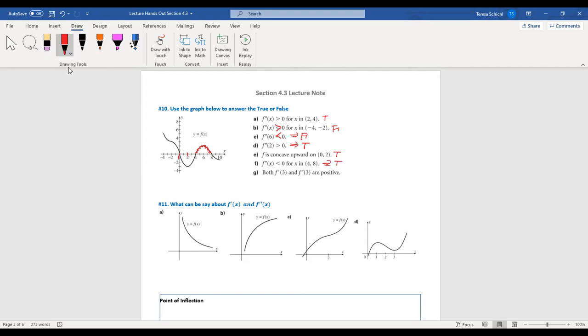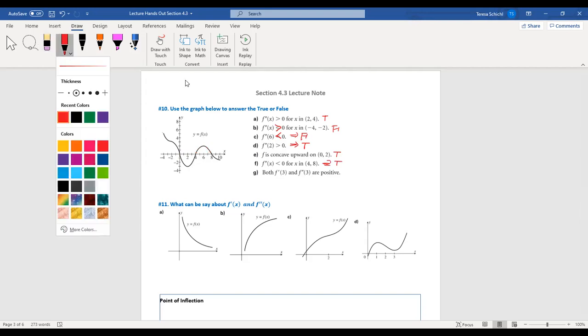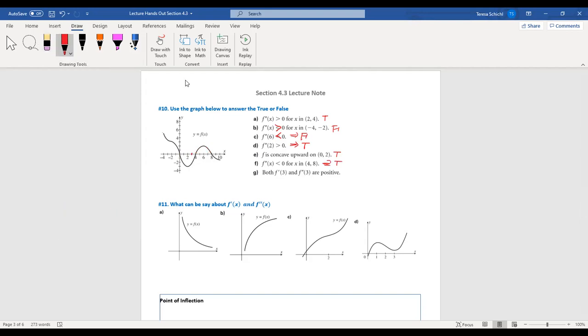Okay, then they said f prime of 3 and f double prime of 3 both have to be positive. Let's take a look here. The first thing: 3 is here, right? This is f of 3. From the concavity point of view, this is concave up, and if concave up, then it has to be positive.